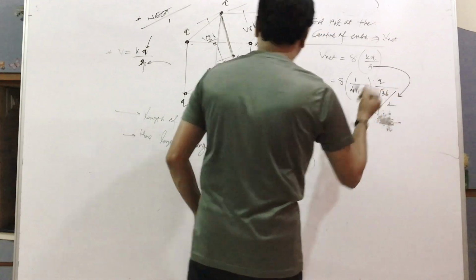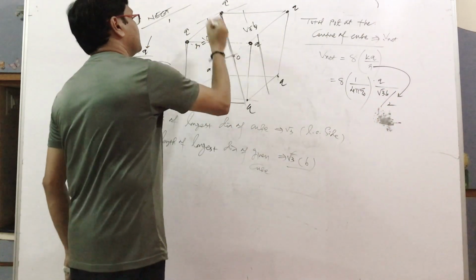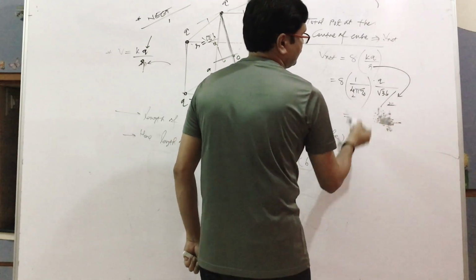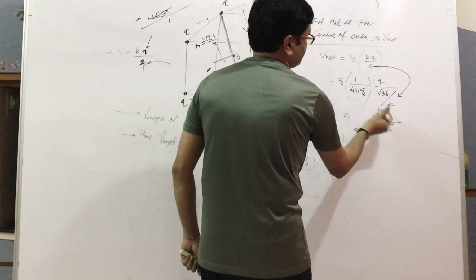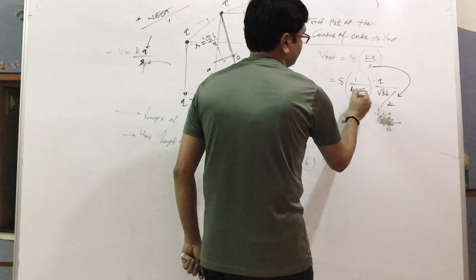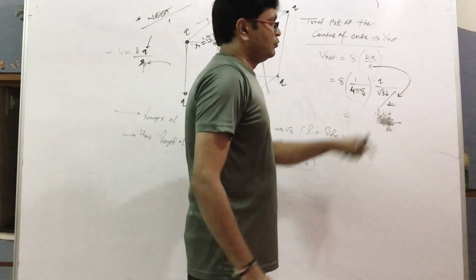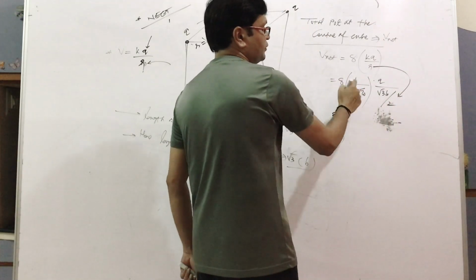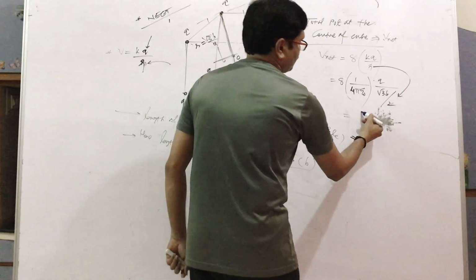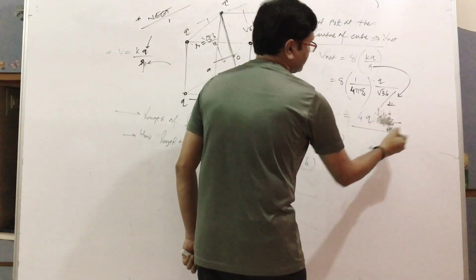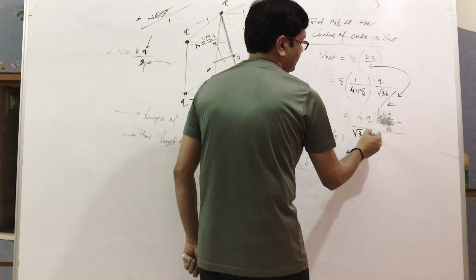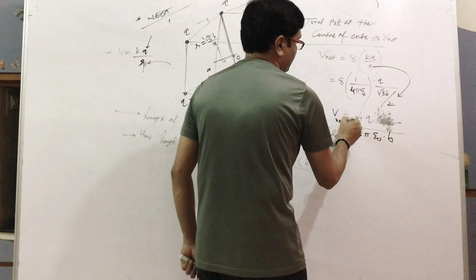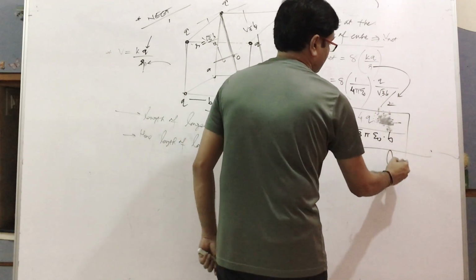Now you have to simplify this portion. 2 will move from denominator to numerator, so 8 times 2 is 16 divided by 4, that means 4. So 4q upon root 3 pi epsilon naught b. That's your net potential, most important.